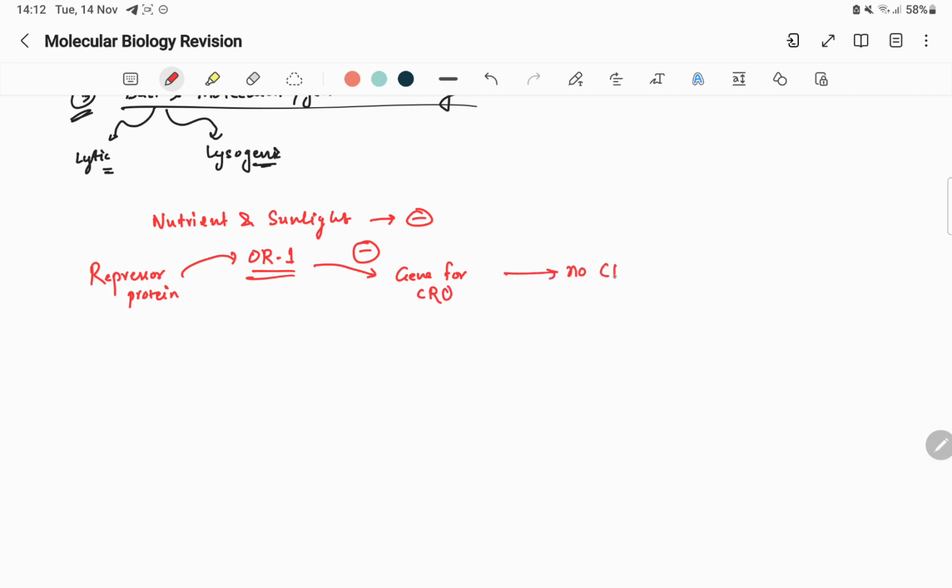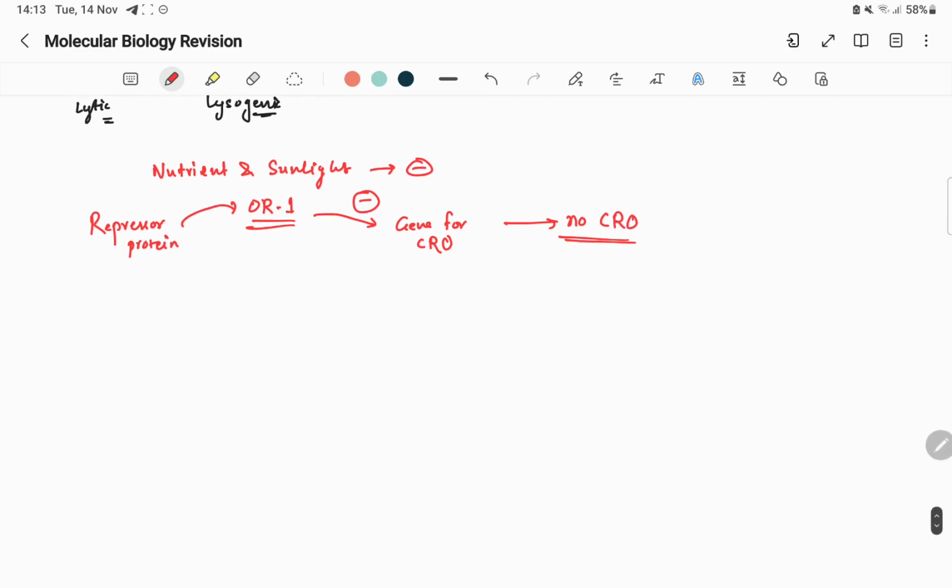There will be no CRO protein, and the CRO protein is required for the synthesis of the viral machinery. So with no CRO protein, the bacteria will lie dormant, and the lysogenic phase will occur.